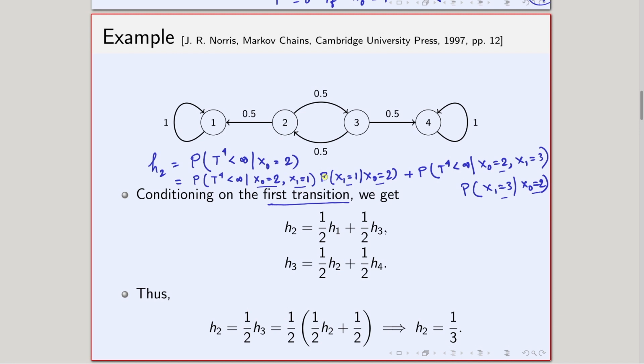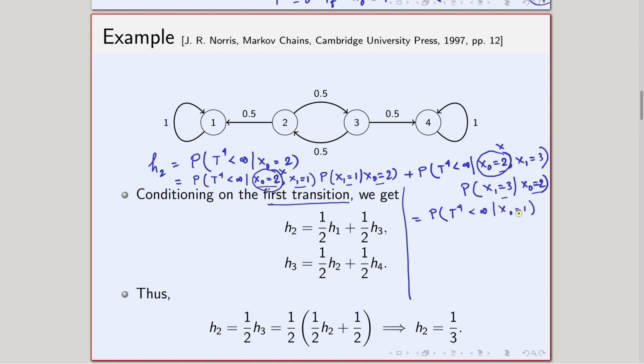Okay. So, that means that in this case I can ignore this one. Similarly, in this case I can ignore this one. These two terms I can ignore, and now I can write this quantity as the probability that T4 is less than infinity given x naught equals 1. Again I can write x naught equals 1 because the Markov chain starts from there itself.